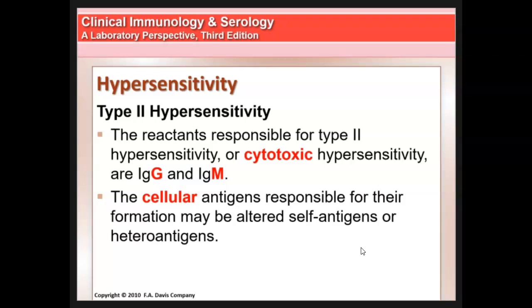In type 2, remember that antigens are cellular. This is important because in type 3, they are soluble. Type 2, cellular. So let's remember that they go in alphabetical order for type 2 and type 3. Type 2, C for cellular comes before S for soluble in type 3.